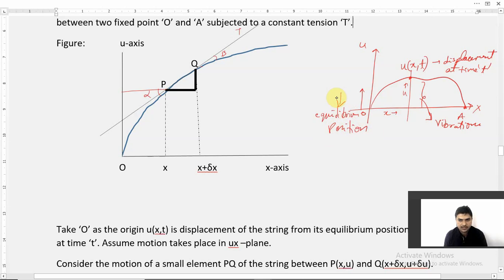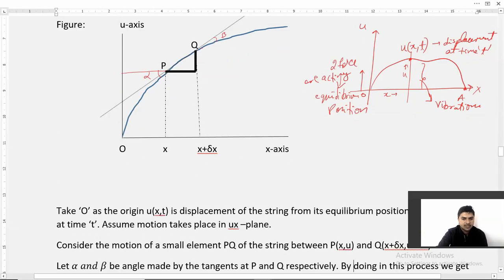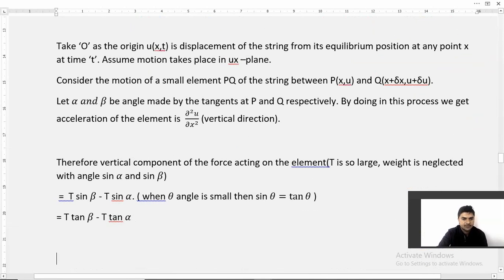So two forces are acting here. Is it clear, friends? So all these things you should remember. Now we are going to derive the equation. These are all general things you should remember, how the string is going to move, how the wave equation is going to be drawn. Then we start our calculations. Students, this is a very important step.